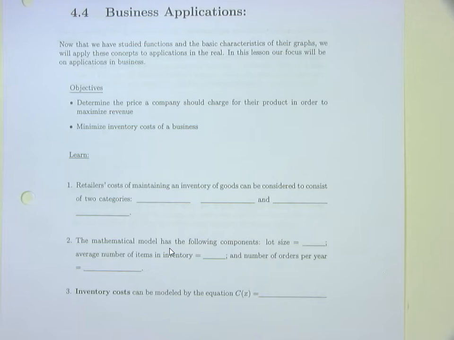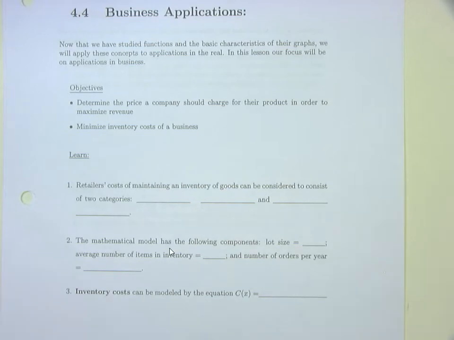Think about it. Maximizing revenue, how much money you're going to bring into the company, okay? And at the same time, you want to minimize inventory cost. If you remember, revenue is basically the number of units you sell times the price at which you sell them. That was your revenue equation. But this inventory cost, we're going to basically put these together.